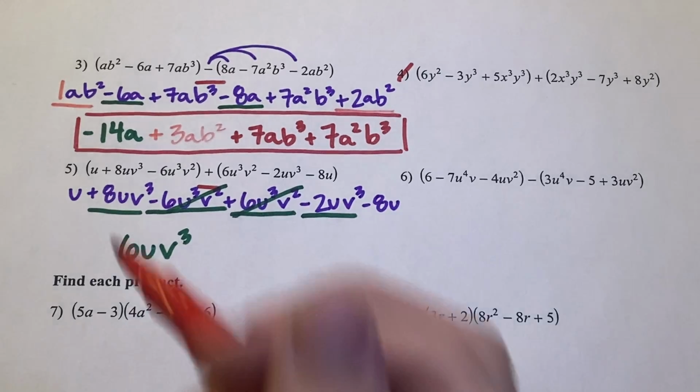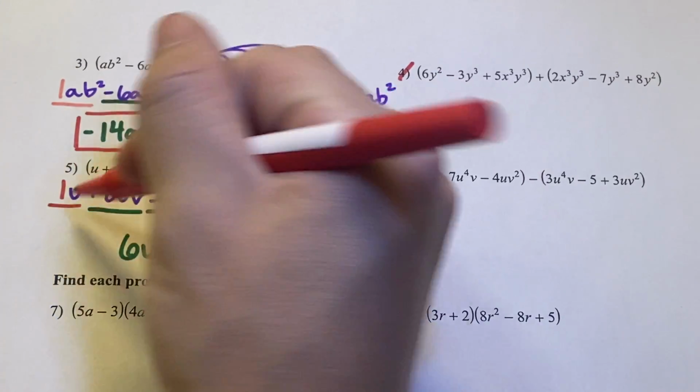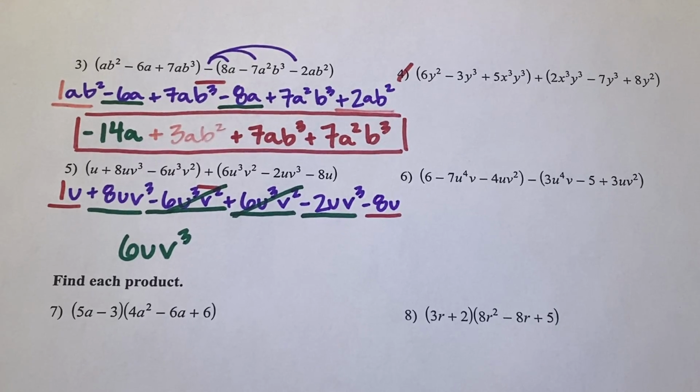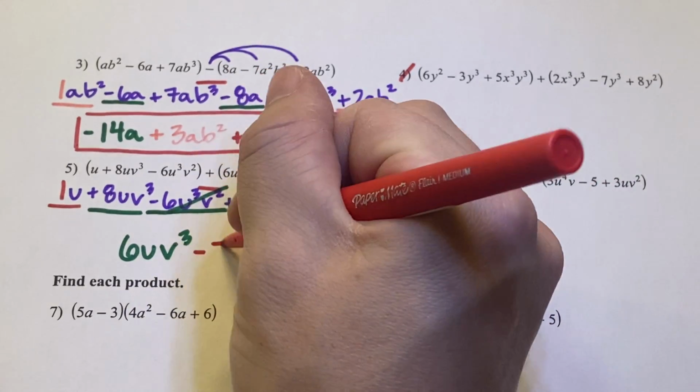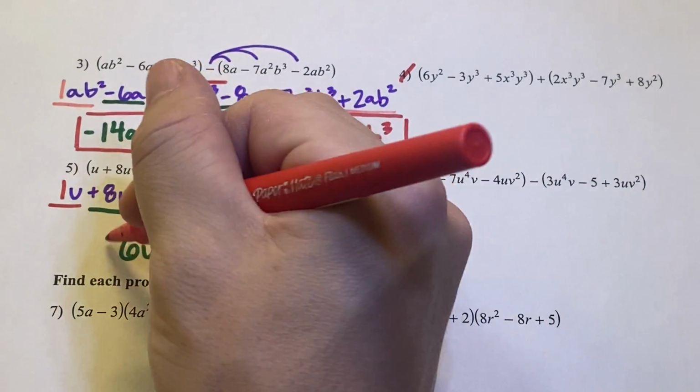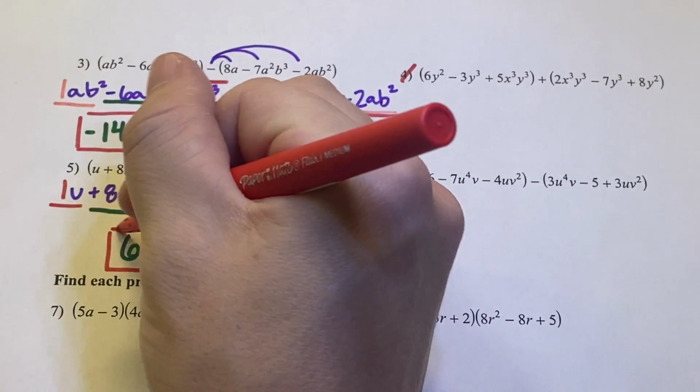Nice. Yes, this is technically 1u, which I can combine with negative 8u. What is 1 minus 8? Negative What is it, Gabe? 7. Negative 7. Beautiful. We got negative 7u. Nice.